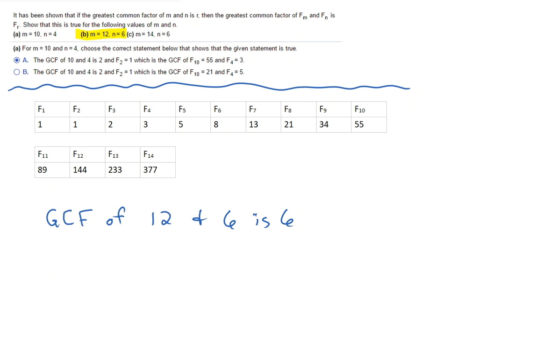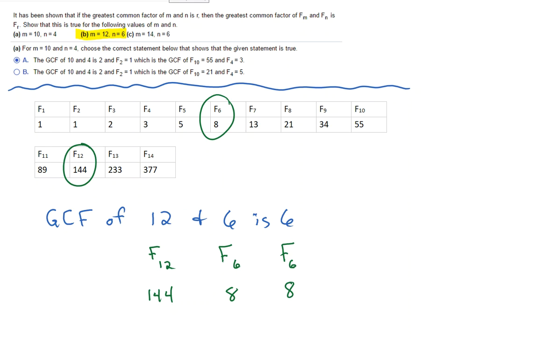So we're going to look at the 12th Fibonacci number and the 6th Fibonacci number. The 12th Fibonacci number, looking it up in my chart here, is 144. And my 6th Fibonacci number is 8.